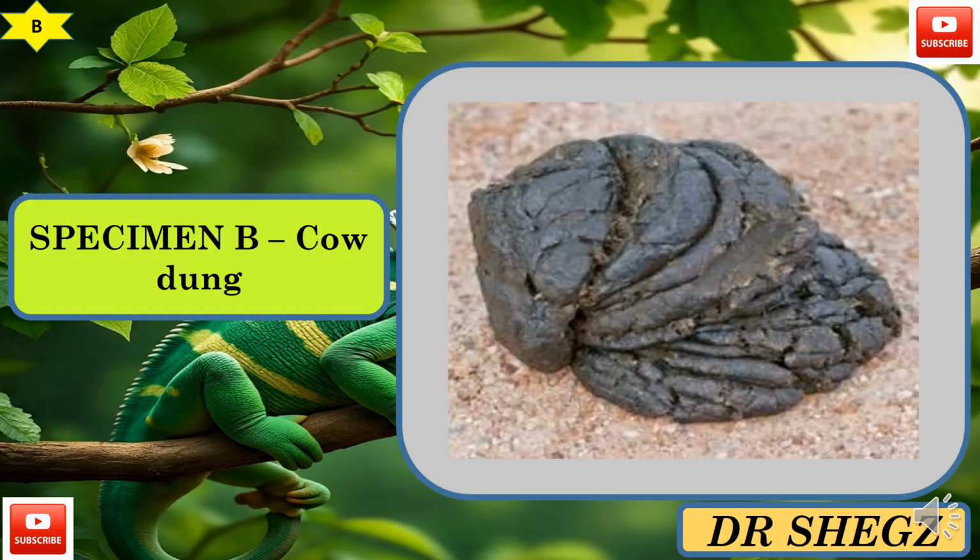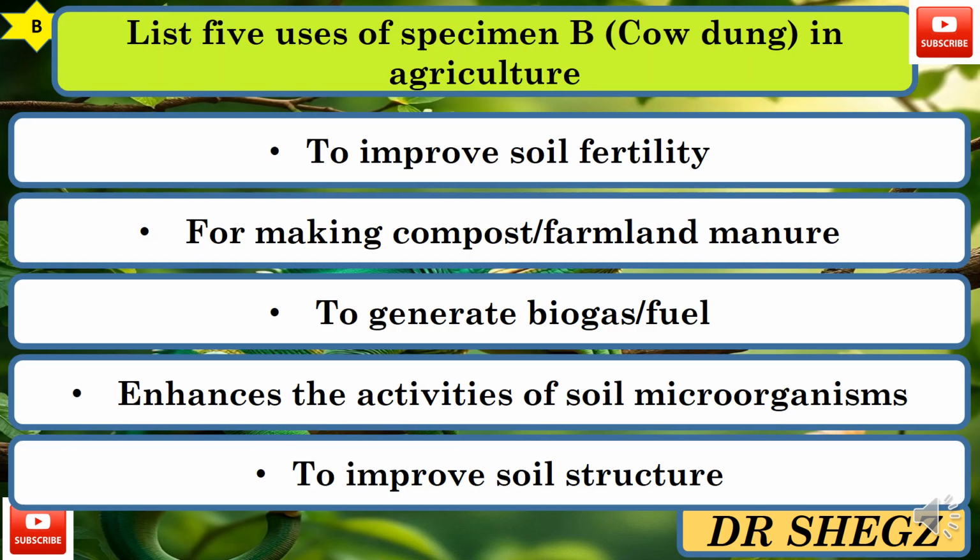Now for specimen B. Wow. Specimen B is cow dung, and of course this question they've brought out cow dung in different years. 5 uses for specimen B in agriculture: improve soil fertility, making compost or farmland manure.